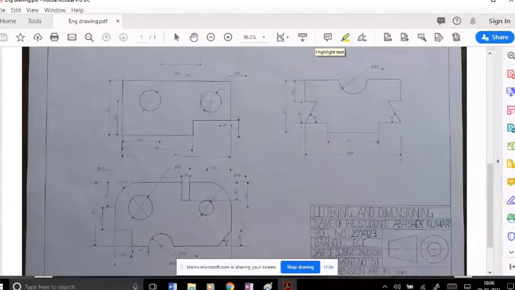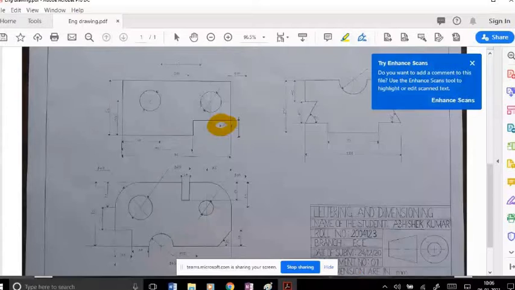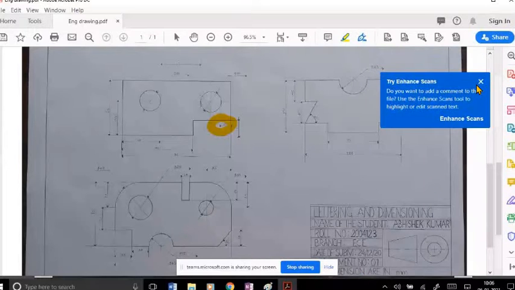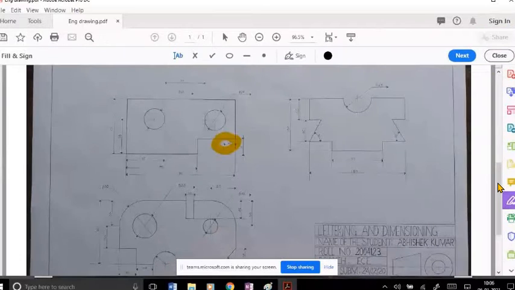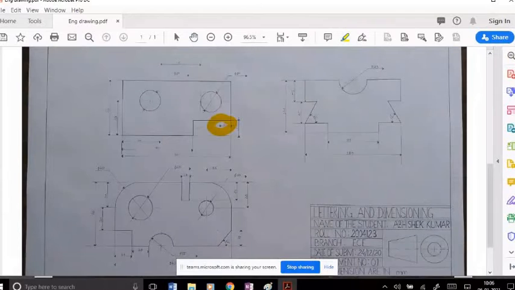So again, see, this one is good, but the only thing is like this. The vehicle amount, the 10, should not come inside. So that is the problem.